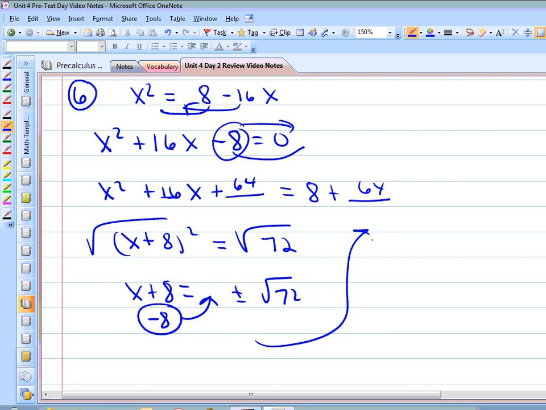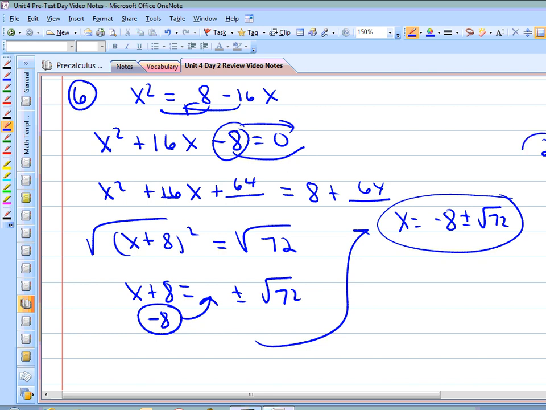All right, on this one then, you're going to have x equals negative 8 plus or minus the square root of 72. Let's go ahead and reduce our radical. That will get you the majority of your points right there. So when I reduce my radical, 72, I simplify. Divide by 2 is 36. Divide by 2 is 18. Divide by 2 is 9. And then remember, divide by 3 is 3.